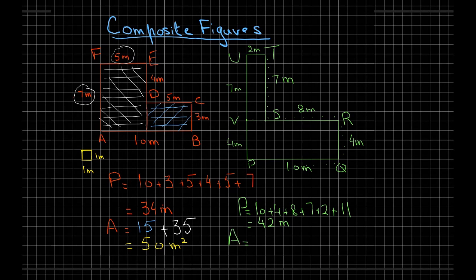So let me remind you, I'm thinking of this as 2 rectangles, the rectangle PQRV and the rectangle VSTU. So there are 2 rectangles. Let's look at the yellow rectangle. I'm going to color PQRV as the yellow rectangle, and I want to find out the area of the yellow rectangle. Well, remember, there are 10 squares in the first row, 10 squares in the second row, 10 squares in the third row, 10 squares in the fourth row.